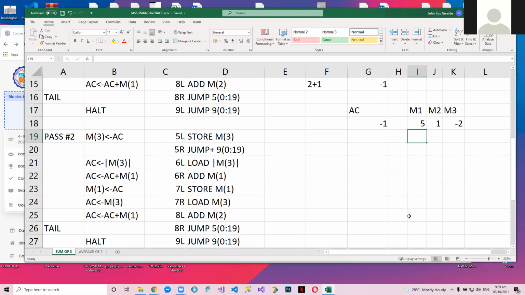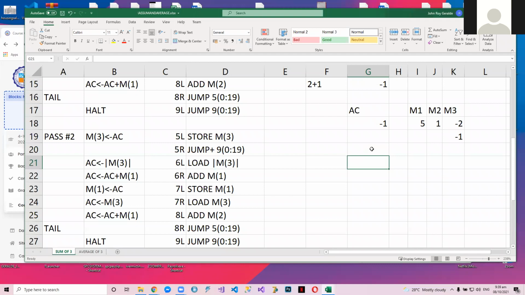Okay. Store M3. So M3 will have the AC. So this will become negative 1. We follow M3 will receive AC. Take note, no? M3 will receive AC. Okay. And then jump plus. If the accumulator is positive or 0, we will jump to the tail, but it's not, so we'll just proceed.